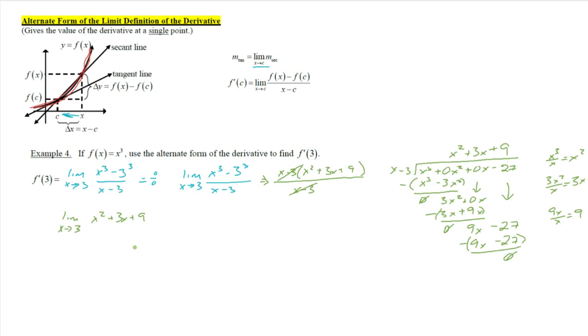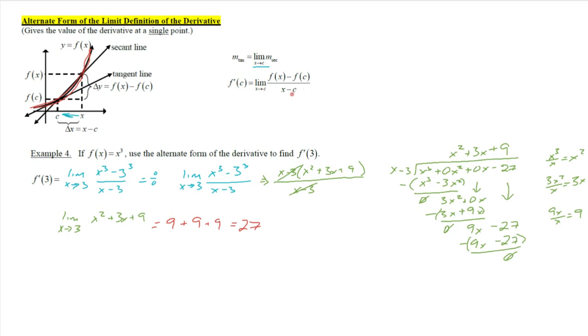At this point, we're just plugging in the values, and so this becomes 3 plugged into x squared is 9, plus 3 times 3 is another 9, plus 9, and so that's going to give us a value of 27. So what we know from this alternate form of the derivative is that the derivative of f of x at 3 is going to be 27.